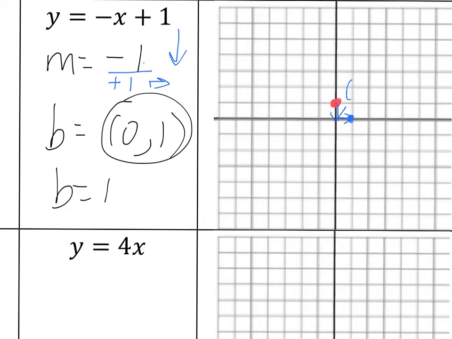So I have (0, 1) and (1, 0). If you want to double check, when you plug in 1 for x, -1 plus 1 is 0. So it's right. It would be wise of you to double check that second point by subbing the x and y value into the equation.